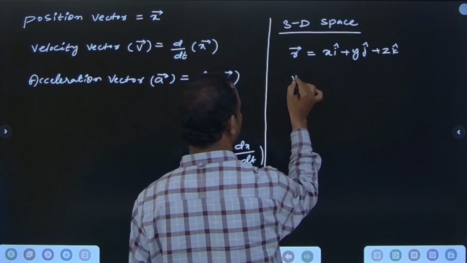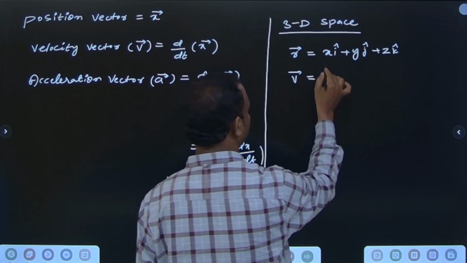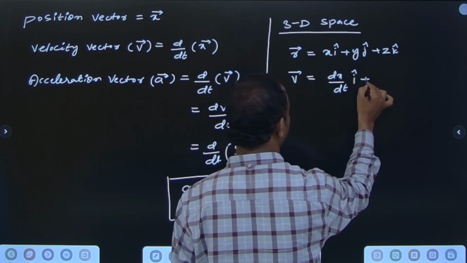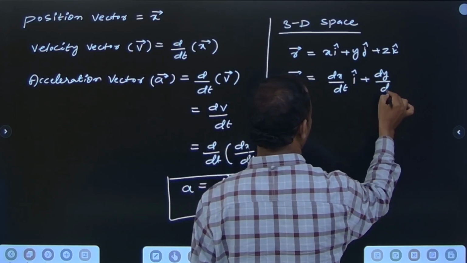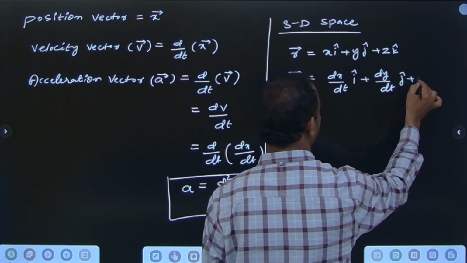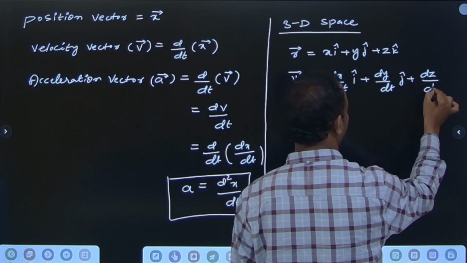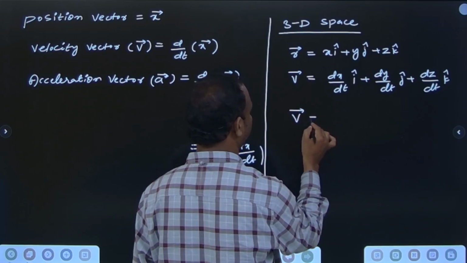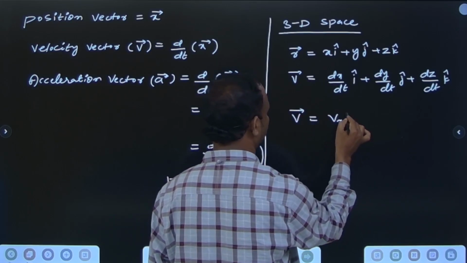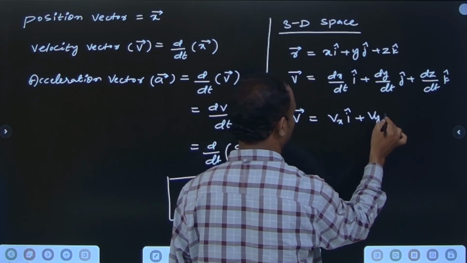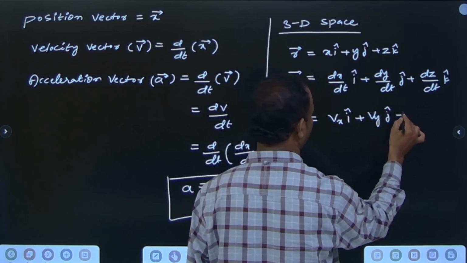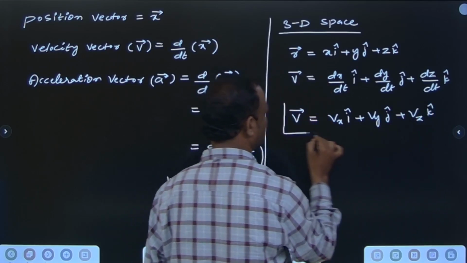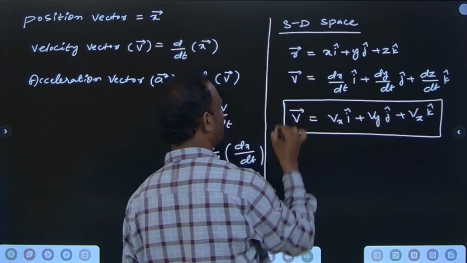The velocity vector is dx by dt i cap plus dy by dt j cap plus dz by dt k cap. So v bar is equal to vx i cap plus vy j cap plus vz k cap along the z axis. So this is the velocity vector.